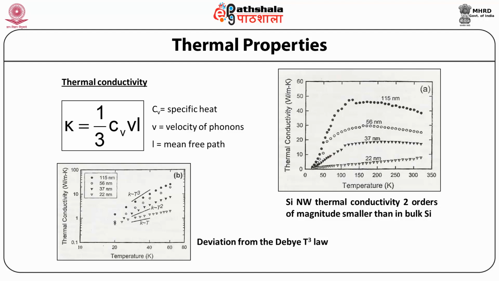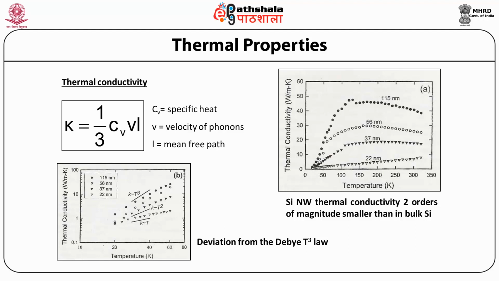The results show a large decrease in the peak of kT associated with Umklapp processes as the diameter of nanowire decreases, indicating a growing importance of boundary scattering and a corresponding decreasing importance of phonon-phonon scattering.